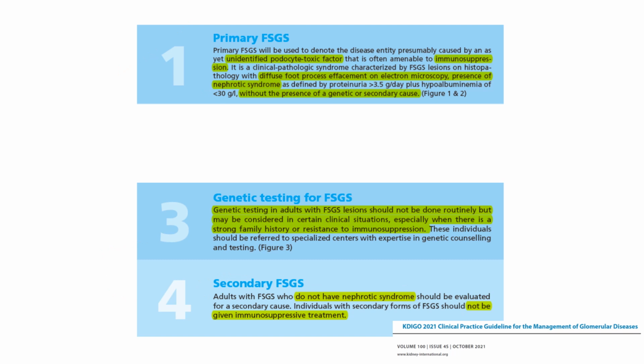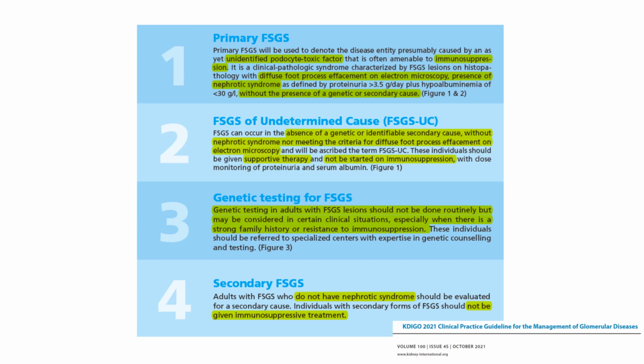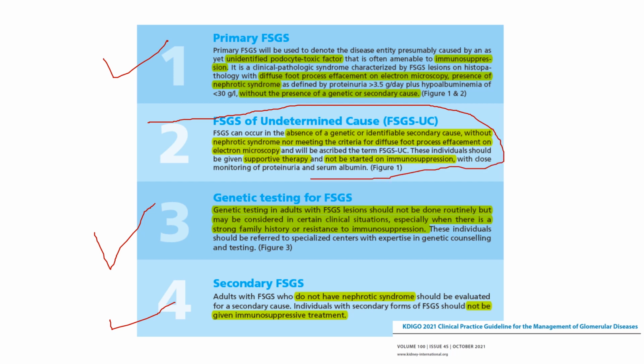And finally, the last type is FSGS of undetermined cause. It is an FSGS that is not primary, not with nephrotic syndrome, has no clear secondary cause, and no suspicion of genetic cause. So we will consider it as FSGS of undetermined cause.